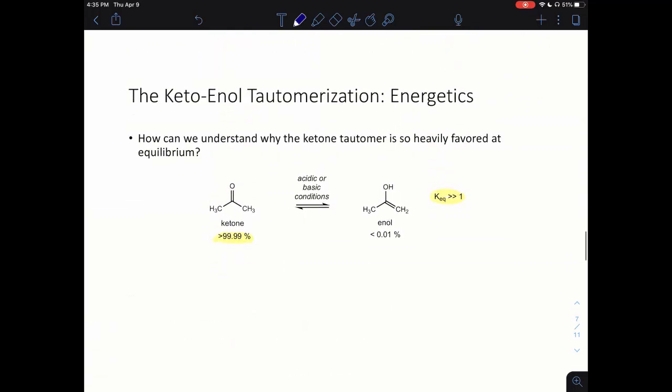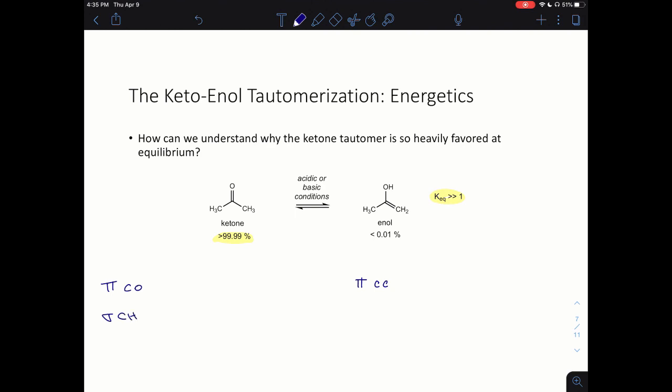Let's look at the bonds that are different. In the ketone, we have a pi CO bond that we do not have in the enol. In the enol, we have a pi CC bond that we do not have in the ketone. What else? Well, we have a sigma CH bond.